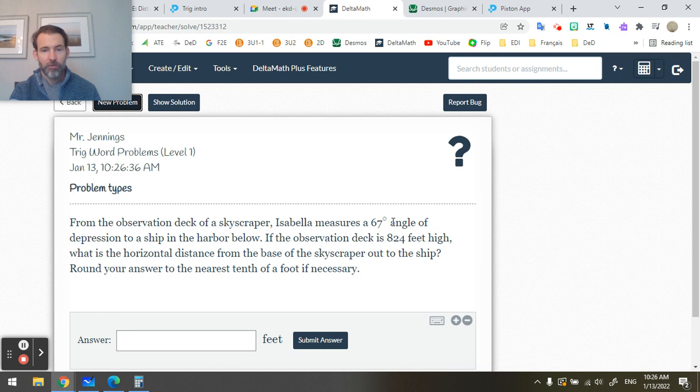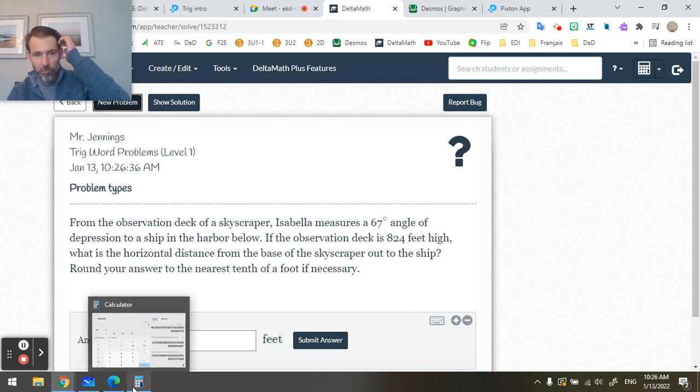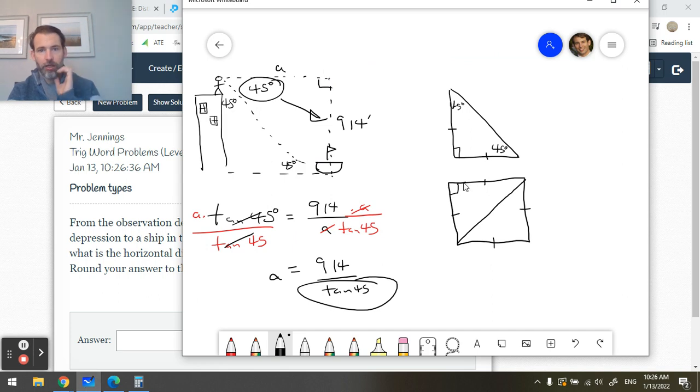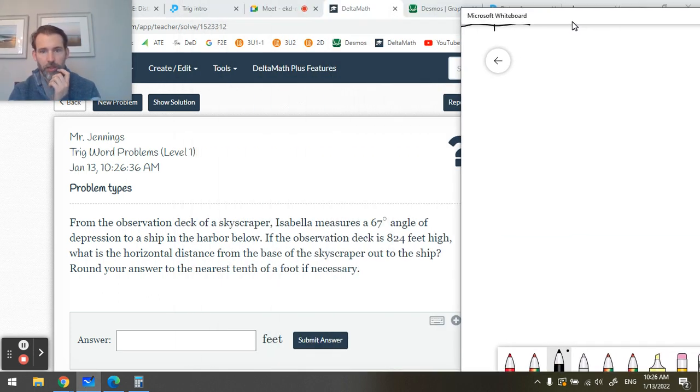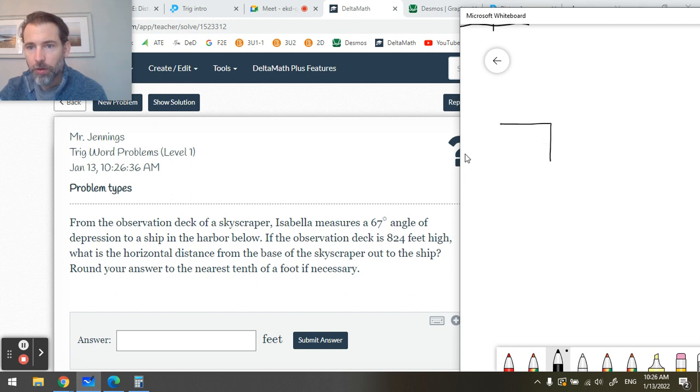Okay, so we're still on top of a skyscraper. We're going to draw a more beautiful diagram with a mathematically correct skyscraper. And here's what it looks like. Okay, so Isabella is on top of a skyscraper. Here she is.